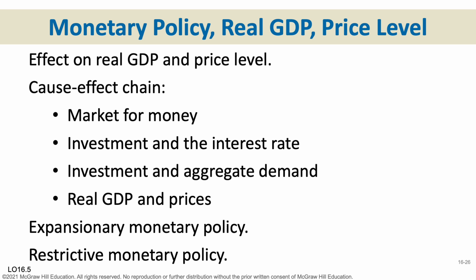If we're in a recessionary gap and we use expansionary monetary policy, which would be buying government bonds or decreasing the required reserve ratio, decreasing the discount rate, and/or decreasing the interest paid on reserves, all of that's going to increase the money supply, which will decrease interest rates, which will increase aggregate demand, which will increase GDP.